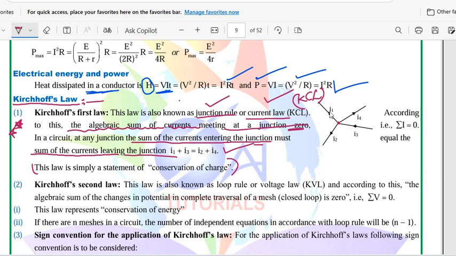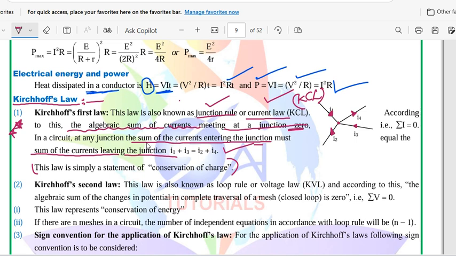The arrow mark towards this junction is one type of current. You can see in the diagram here that it is equal to the sum of the currents leaving the junction.